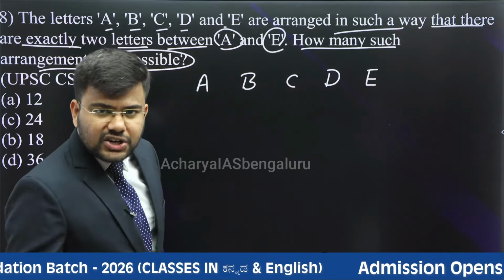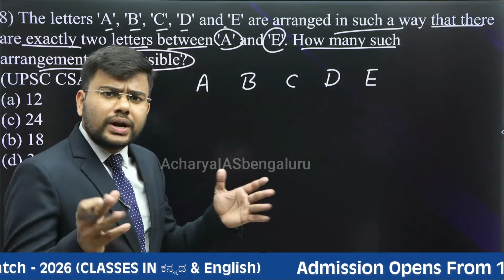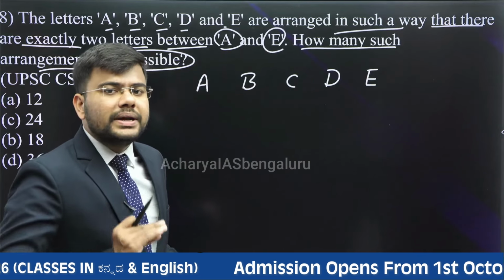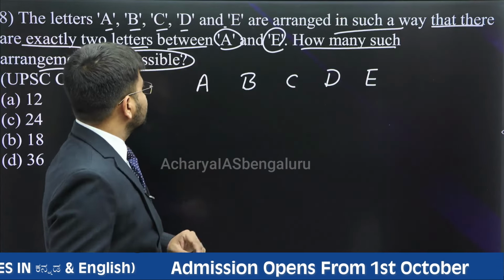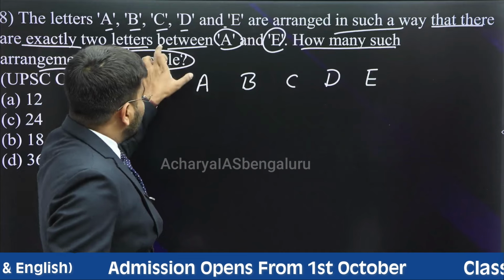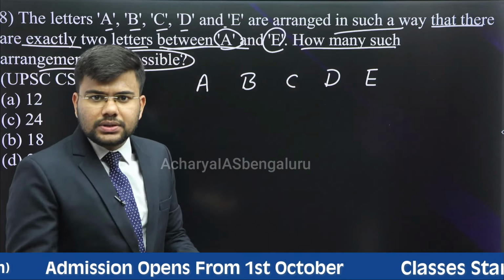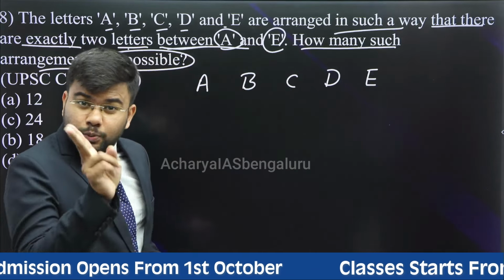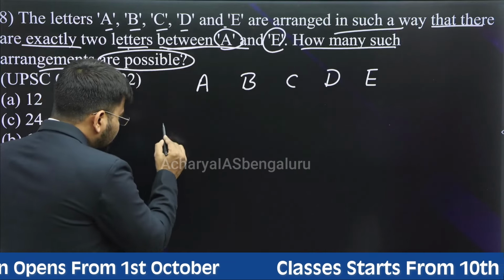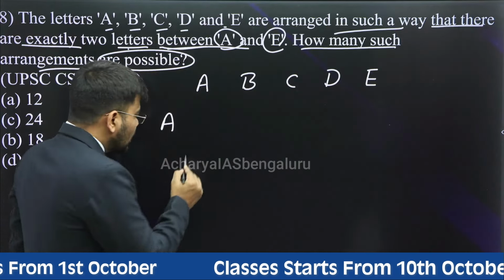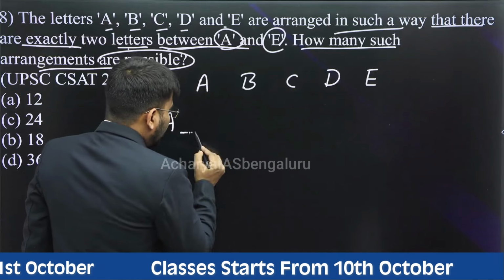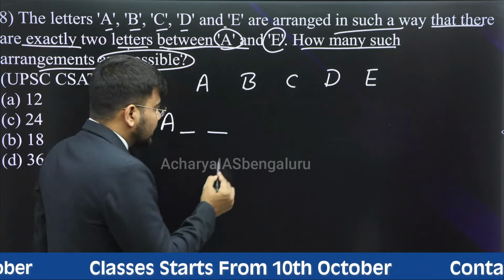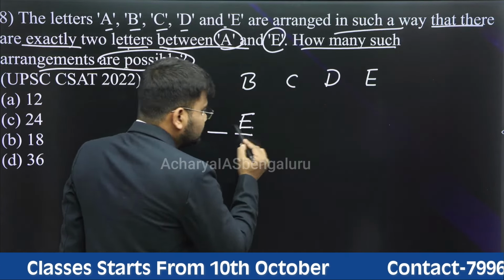Now what is the condition? Regular arrangements you can do easily, but they are giving a bit of a condition. What is that? That is 2 letters between A and E. That means between A and E there should be 2 letters. If I write A here, then 1, 2, after 2 letters I should have E here.